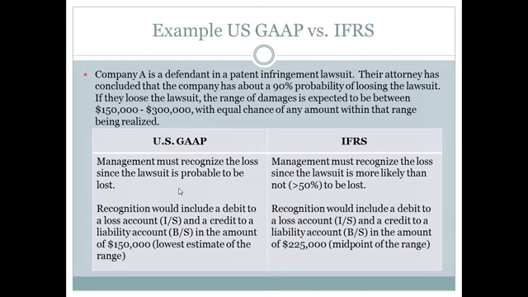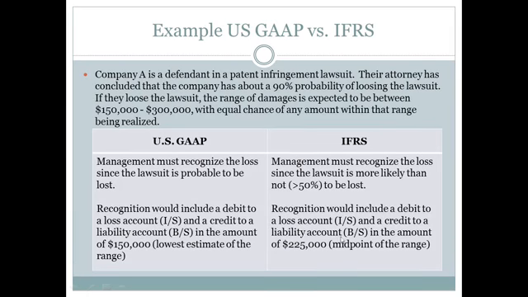However, remember that according to US GAAP, the minimum amount in the range can be used to record the loss. So under US GAAP, we would recognize a loss with a debit to a loss account and a credit to a liability account, but we'd only recognize $150,000. That's the minimum within the range.